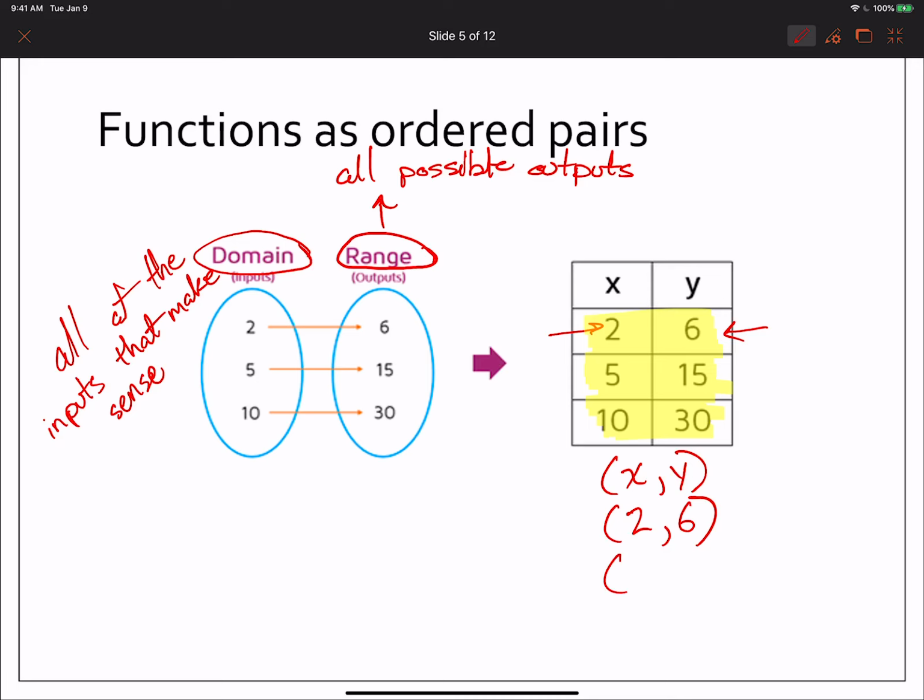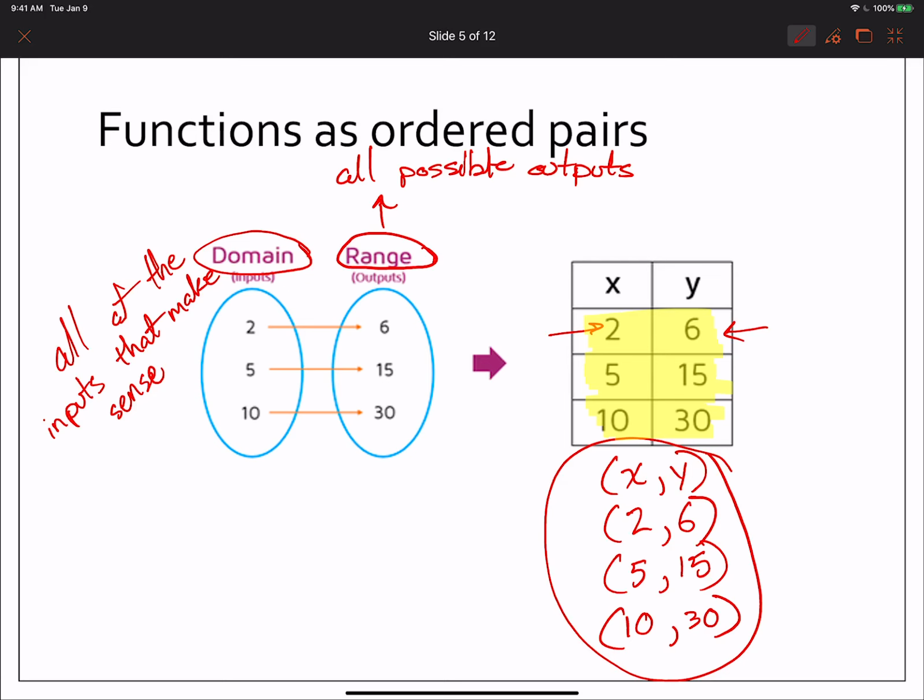We also have 5 comma 15, which tells us if we put in 5, we'll get out 15. We have 10 comma 30, where it's saying if we put in 10, we will get out 30, right? And that's the domain and range, and this is the way we write it. This is the general way that we want to write it, like this, where we write out our ordered pairs.